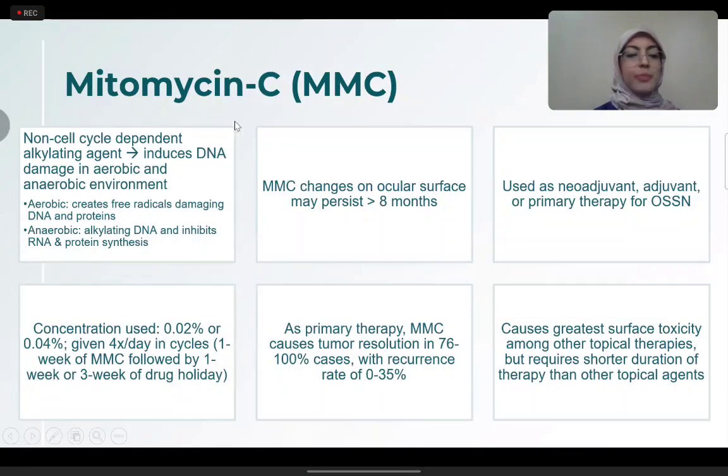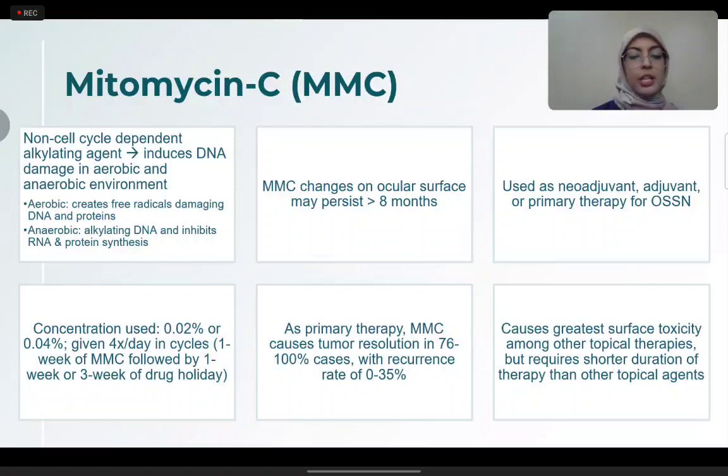Mitomycin C itself is a non-cell-cycle-dependent alkylating agent that induces DNA damage in aerobic and anaerobic environments. It can be used as a neoadjuvant, adjuvant, or primary treatment for OSSN.